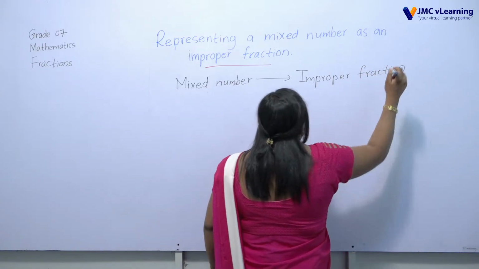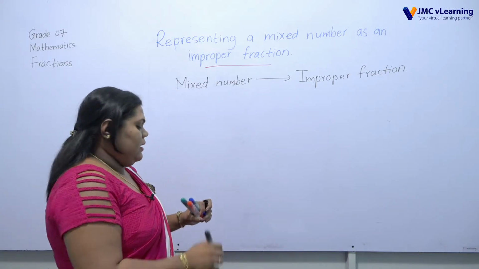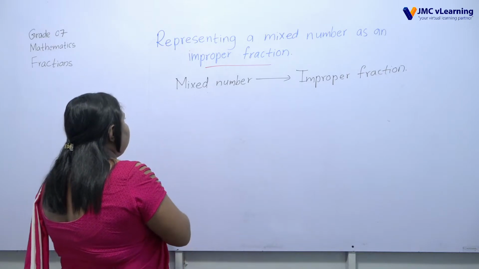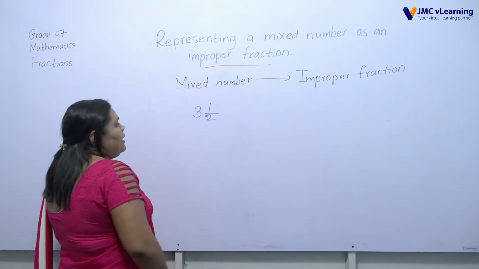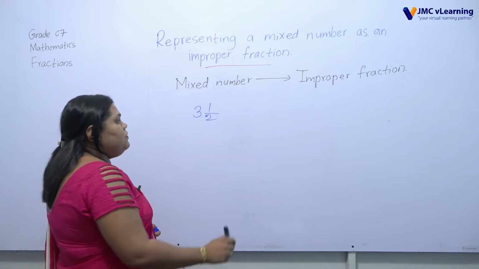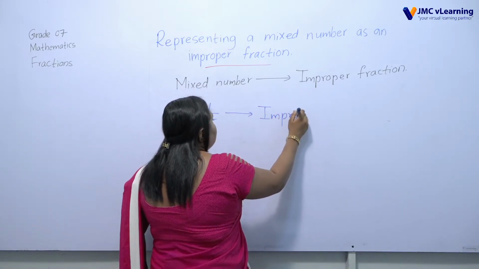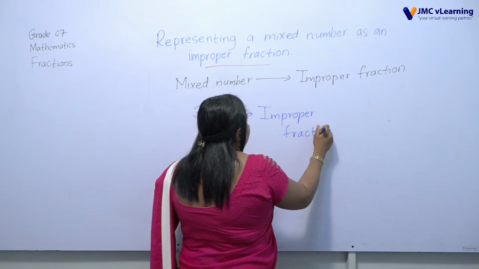Now we are going to learn how to do that. We have a mixed number, 3 1/2, or 3 1 out of 2. We want to convert this into an improper fraction.